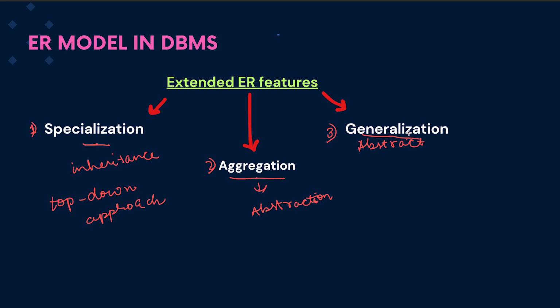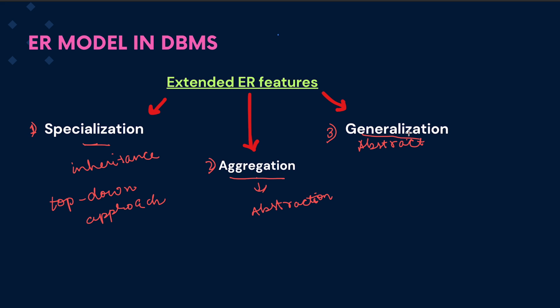Now in generalization, what happens? Consider that there are two entities. First is the saving account, second one is the current account. Now this saving account and current account may have some attributes which are common among them. So why not make a generalized entity, that is account, which would have account number and account name, which is present in the saving account as well as the current account.